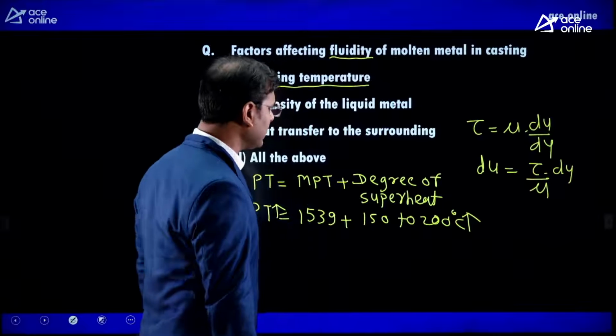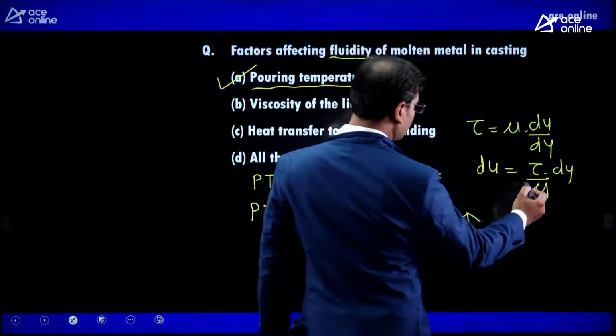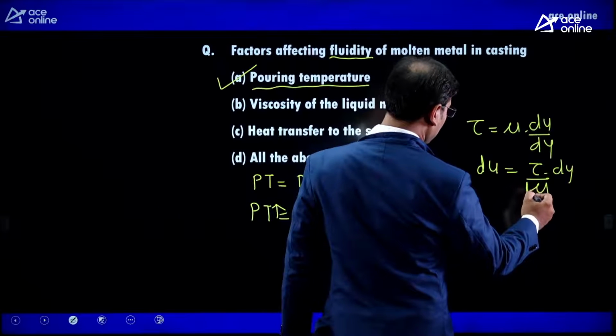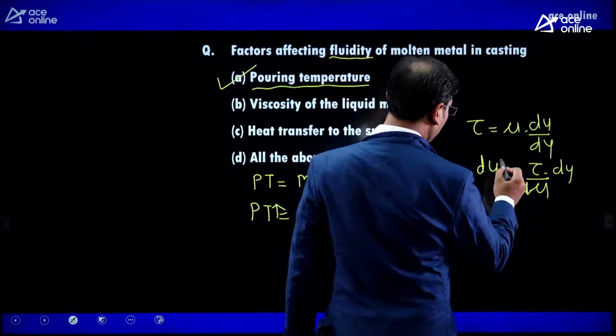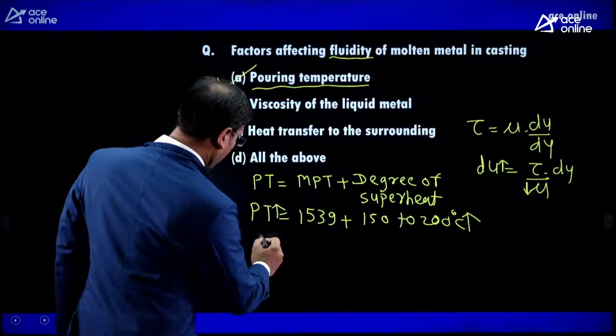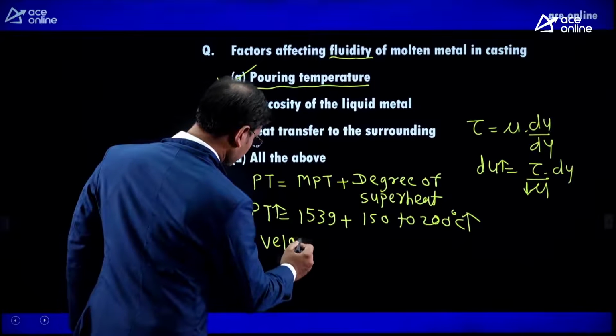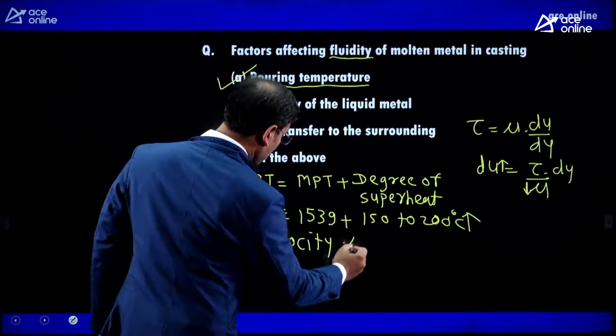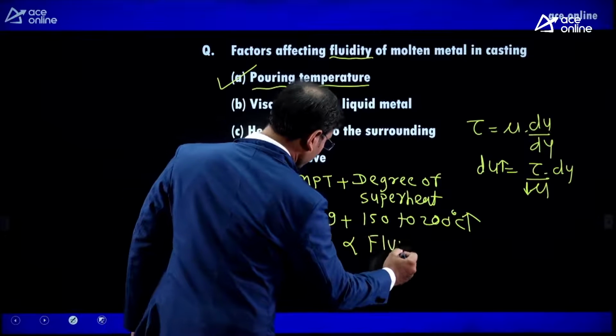Okay. Then guys, here you can see that if viscosity is going to reduce, velocity is going to increase, and velocity is going to increase means I can write the velocity is directly proportional to the fluidity.